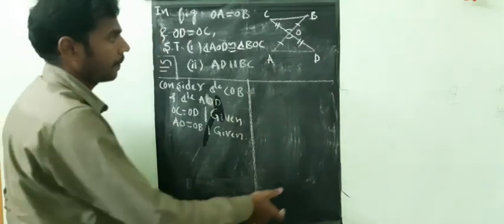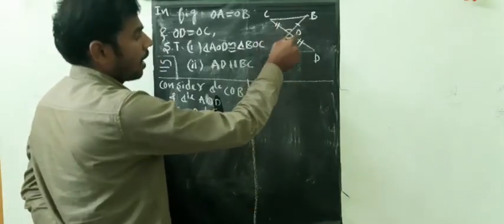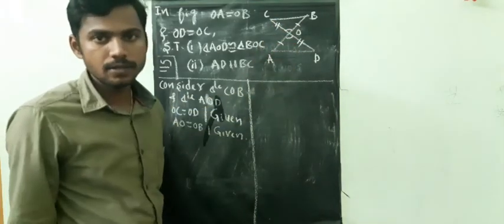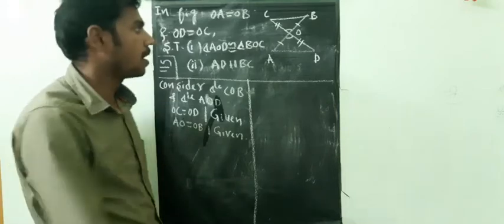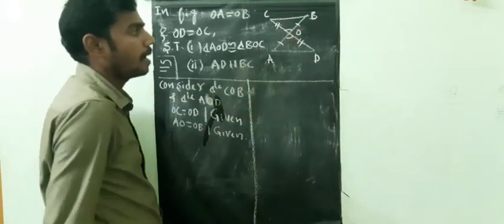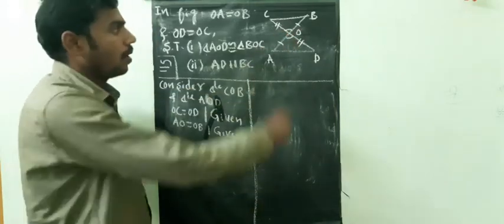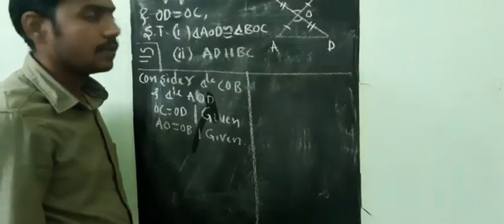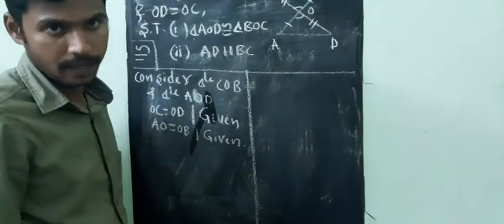Angle COB is equal to angle AOD. Why? Because vertically opposite angles. Because these two lines are intersecting at point O, these two angles will form vertically opposite angles. So how will they be? They will be equal.